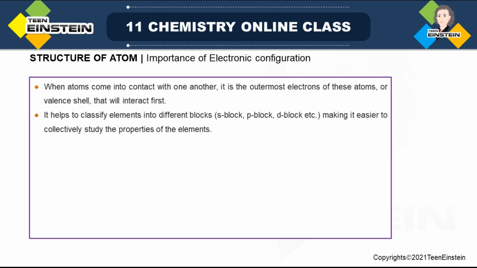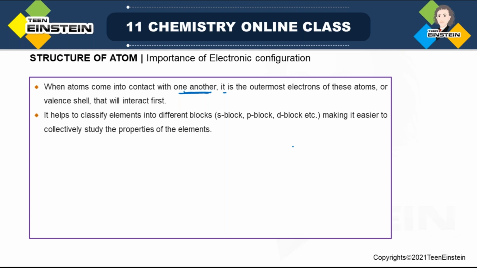Importance of electronic configuration. When atoms come into contact with another atom, it is only the outermost electrons of these atoms, that is, the valence shell electrons, that interact, not the core electrons. Remember, carbon is 1s2, 2s2, 2p2; 1s2 is the core electron.